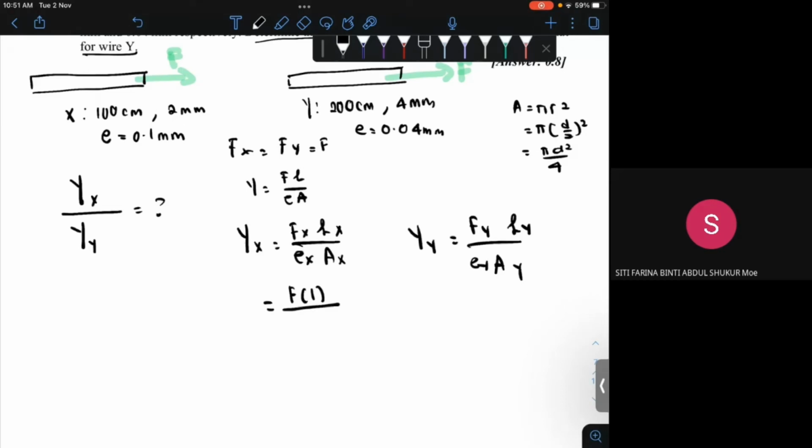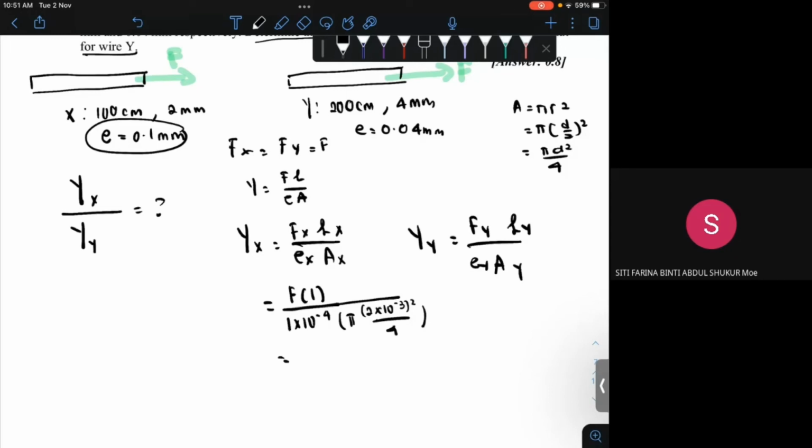Dia punya elongation dekat sini adalah 0.1 darab 10 negative 3 m. Ini adalah elongation kamu. So saya tulis 1 darab 10 negative 4. And then area kamu adalah pi d square over 4. So d adalah 2 times 10 to the power negative 3. Squarekan dia. This is your area.